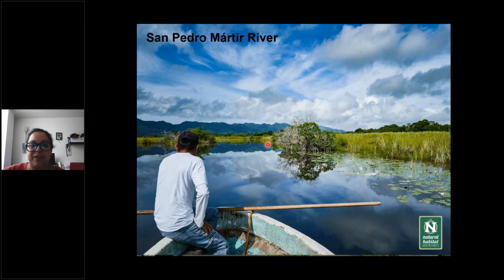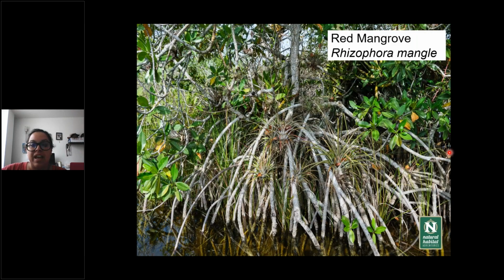And then in the center of the photo, and in the back behind the head of the fisherman, we find some mangroves. You can see they are very tiny. Some of them lost their leaves because they are still adapting to this area, and people are using these lands for crops. So there's some modification of the soil, and this is what we see in the river.